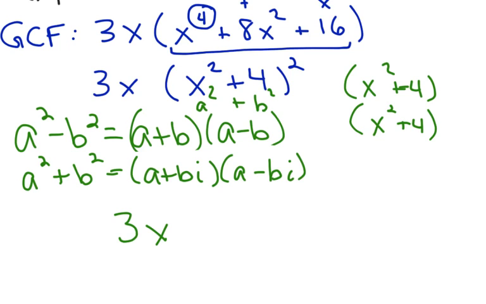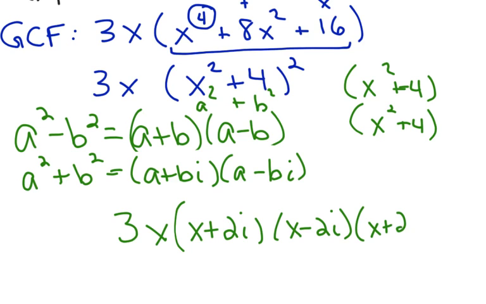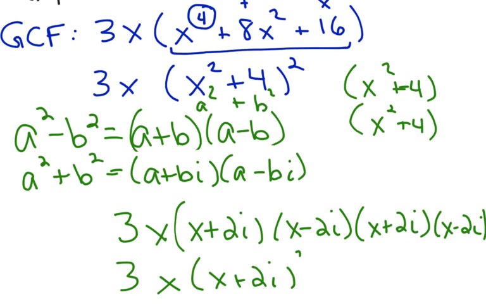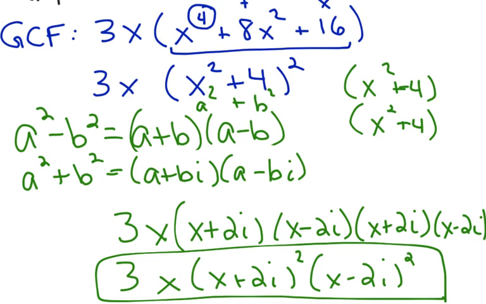Each of those x squared plus 4's factors into (x plus 2i)(x minus 2i). But remember, there's two of them. So this really factors into 3x, (x plus 2i) squared, and (x minus 2i) squared. That is the complete factorization.